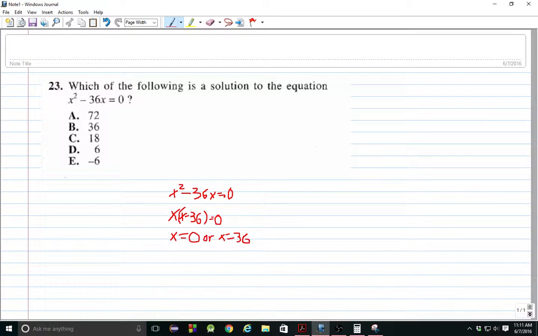When we solve for that, we get x equals 36. So B is the correct answer, 36.